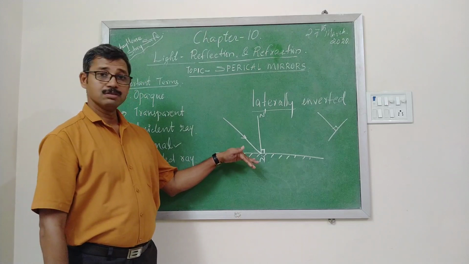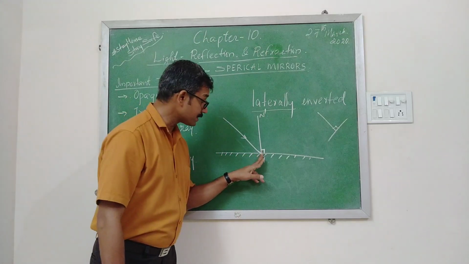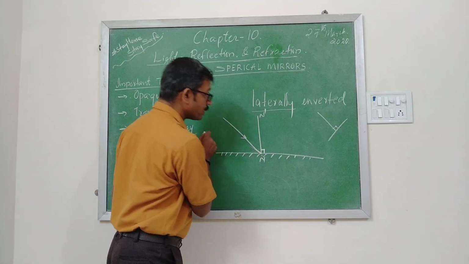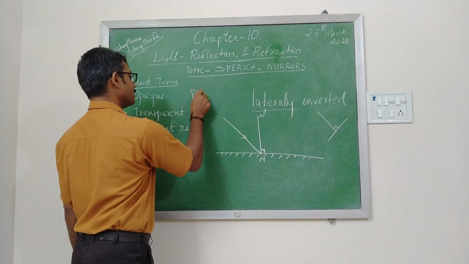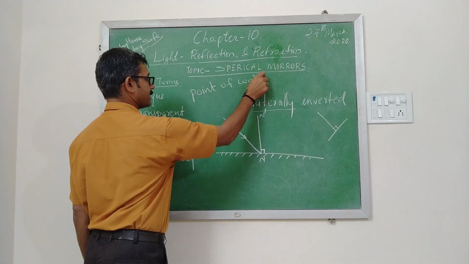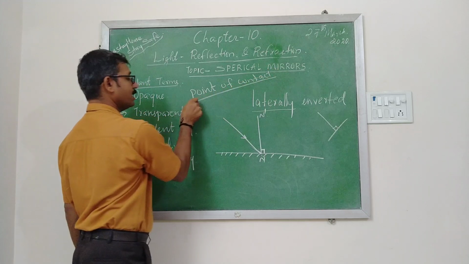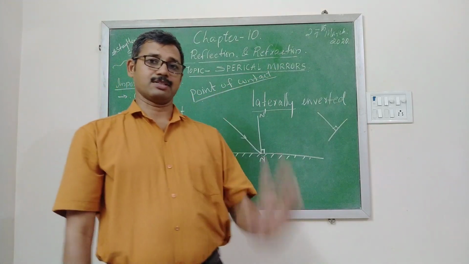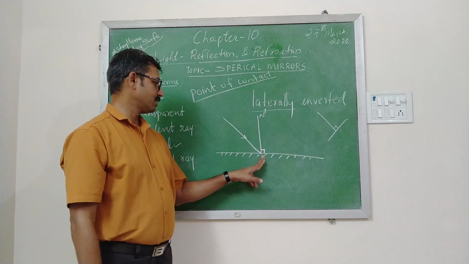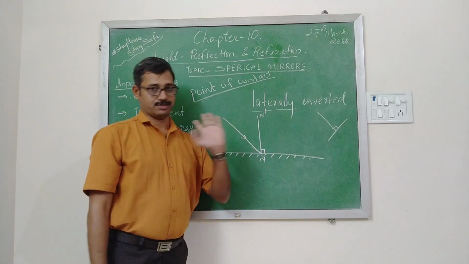That perpendicular is the normal, and this point is called the point of contact. The point of contact is the point at which the incident ray falls.